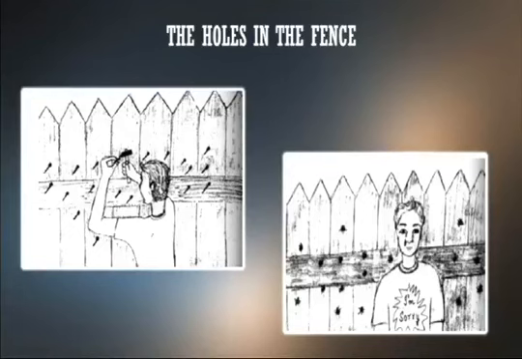He said, "You have done well, my son, but look at the holes in the fence. The fence will never be the same. When you say things in anger, they leave scars just like the ones in the fence. If you hurt someone in anger, it won't matter how many times you say, 'I'm sorry,' the wounds will still be there."